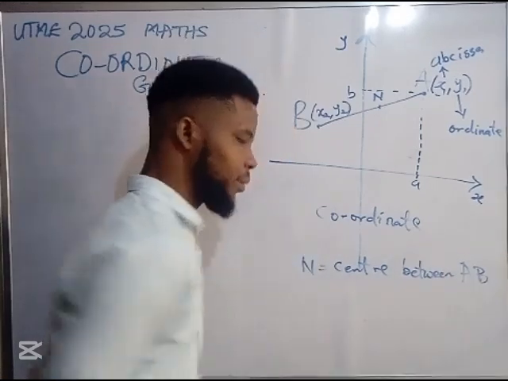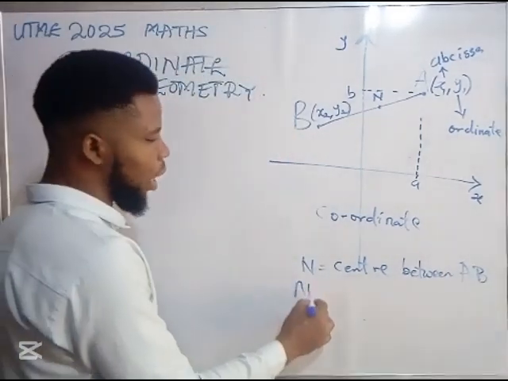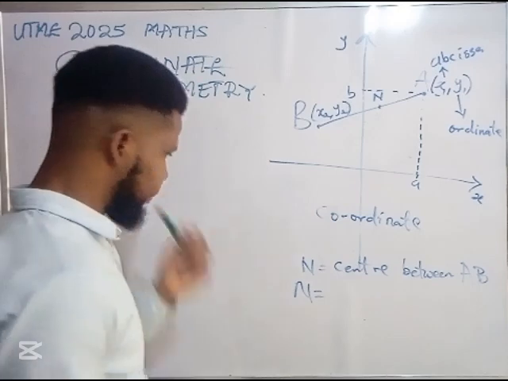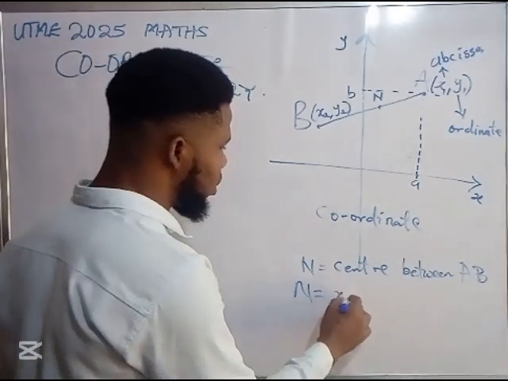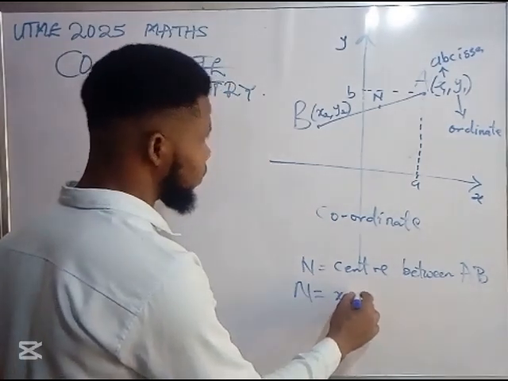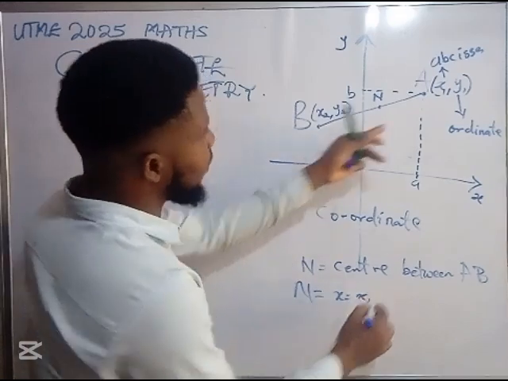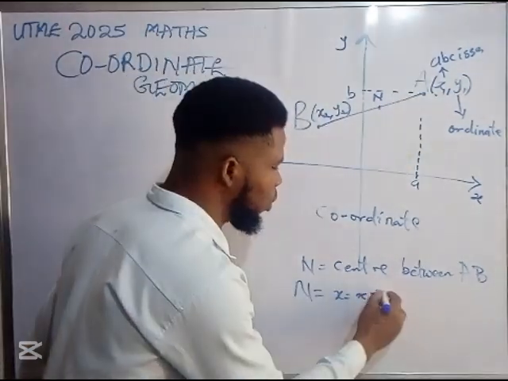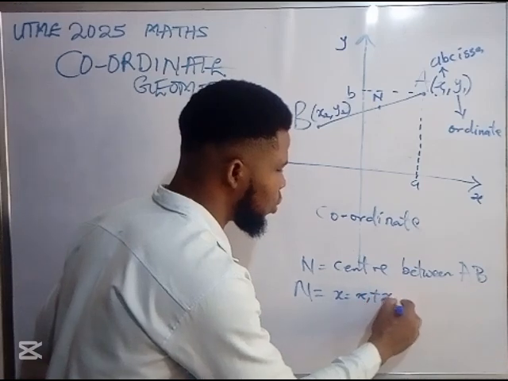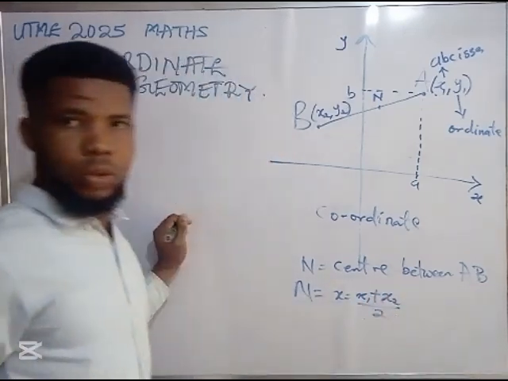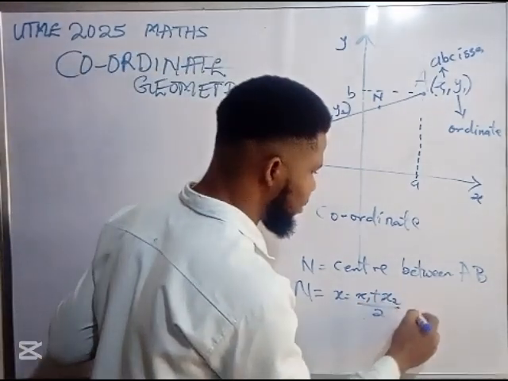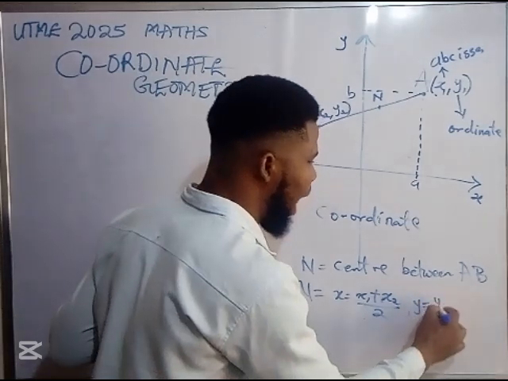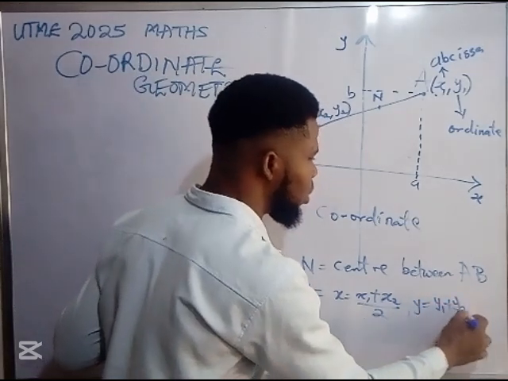Between A and B, that center N, the coordinate of that center will be, for x, you have x1 plus x2 divided by 2. Then for y, you have y1 plus y2 divided by 2.